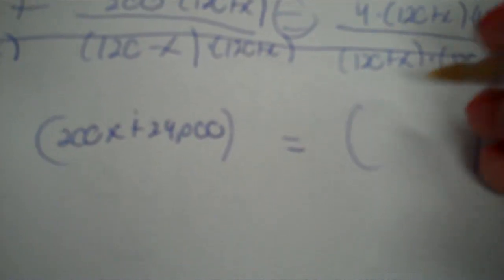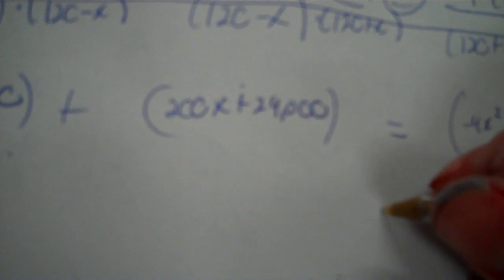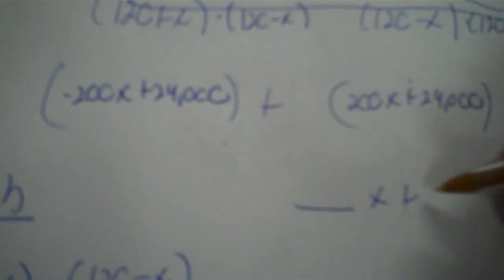Then over here, 200x, and then just switch that over to a plus. 200x plus 24,000. Now on the other side, you take your 4 multiplied by 120 plus x, and then 120 minus x. Negative 4x squared plus 57,600. So over here you have negative 4x squared plus 57,600. Over here, you combine your x's and constants.